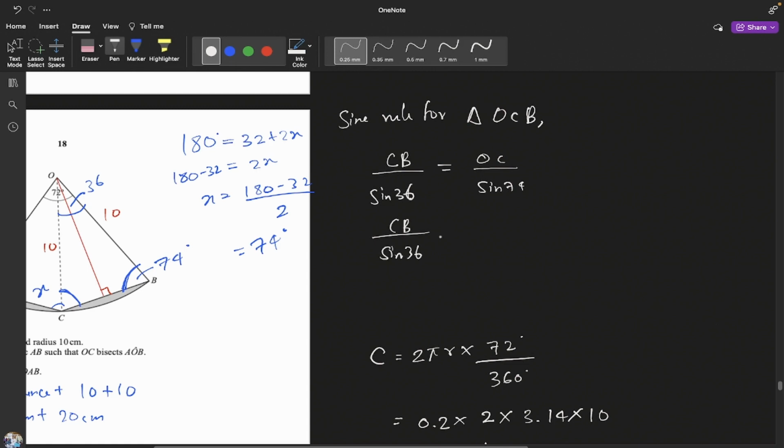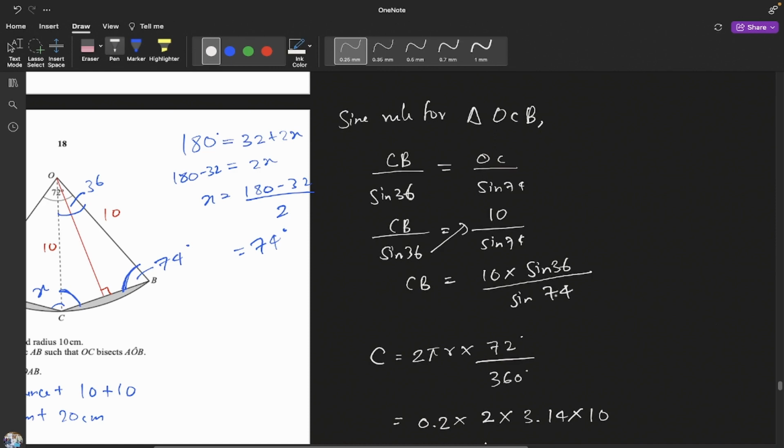OC we know already, it is 10, over sine 72. CB is given by 10 multiplied by sine 36 divided by sine 72.